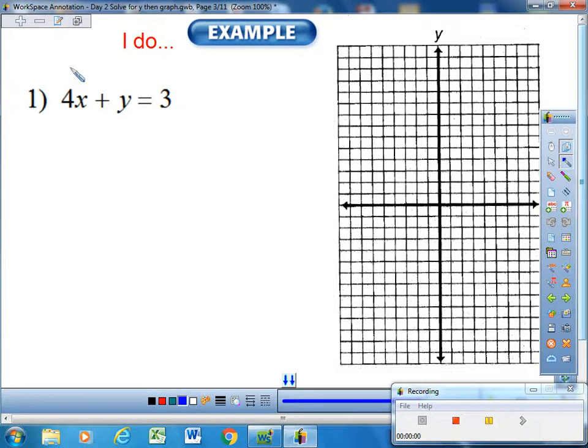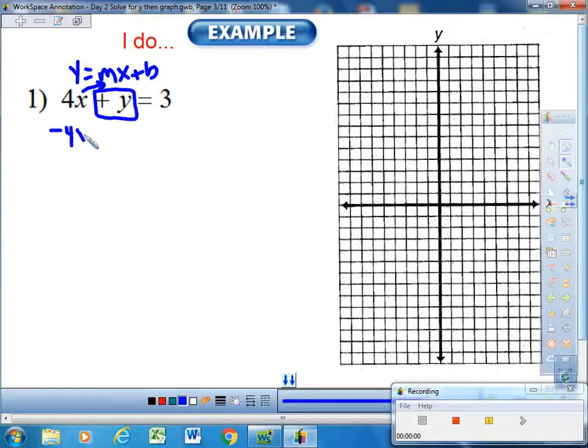If I look, this equation is not in y equals mx plus b form. So what do I need to do to get this y alone? I need to move the 4x over. So I'm going to subtract the 4x from both sides of the equation. This cancels out.